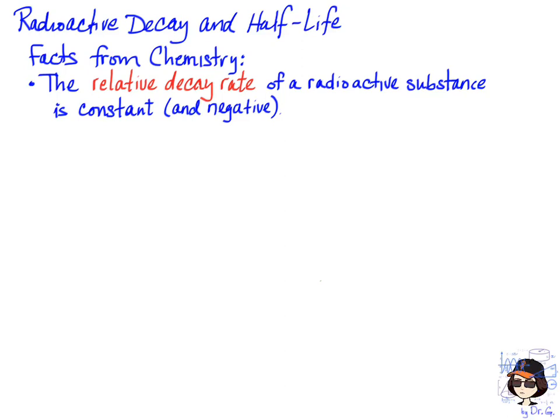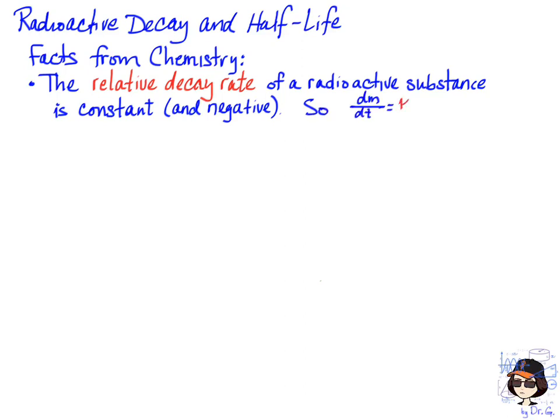It just means the same thing, except it's a negative constant instead of a positive constant. It still means that the function has to satisfy that differential equation, that the rate of decay is proportional to the size of the quantity.